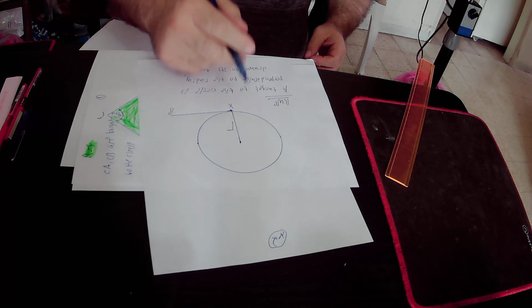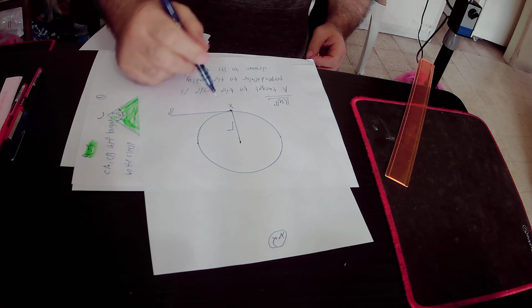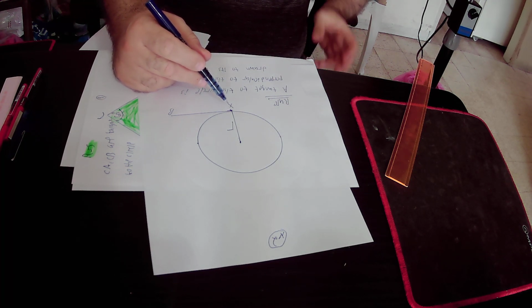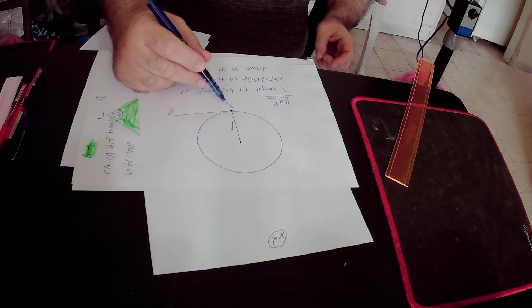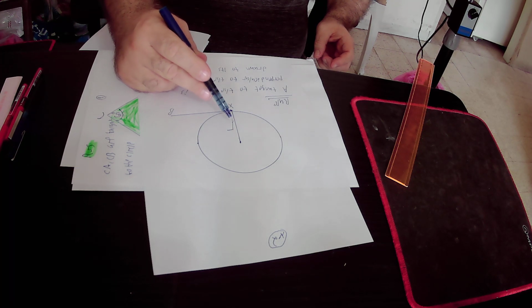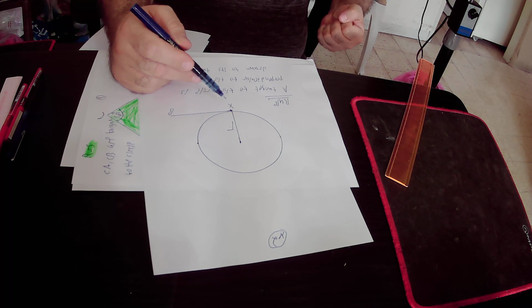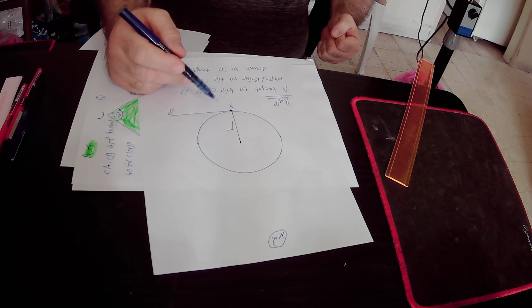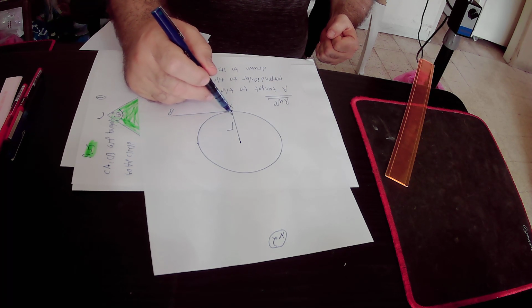This radius is drawn to the point of tangency, and it touches the point of tangency X. Therefore, this tangent is perpendicular to the radius. That is to say, this angle equals 90 degrees.